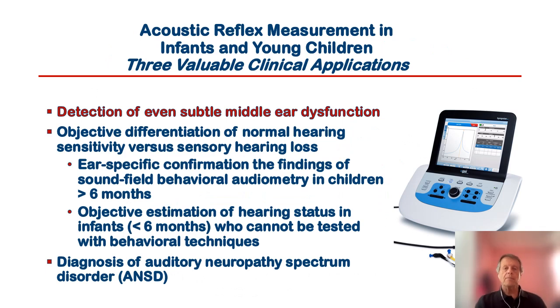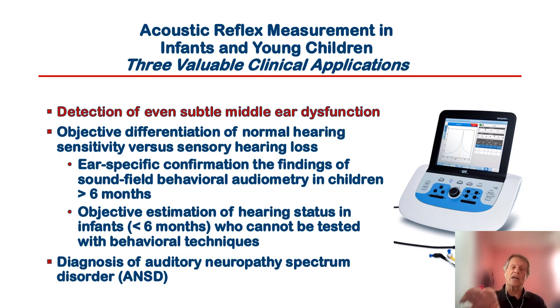As I mentioned in my first lecture, one of the simplest applications of acoustic reflex measurement is simply to detect even subtle, very slight middle ear dysfunction, or to rule out middle ear dysfunction. That's very valuable in an infant undergoing a hearing assessment, because if the child has normal middle ear function, then we don't need to worry about referring the child for medical management of a middle ear abnormality.